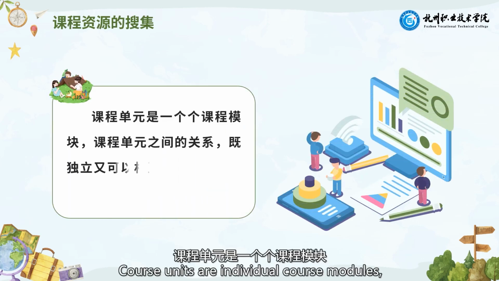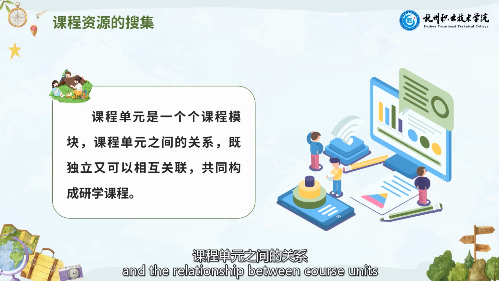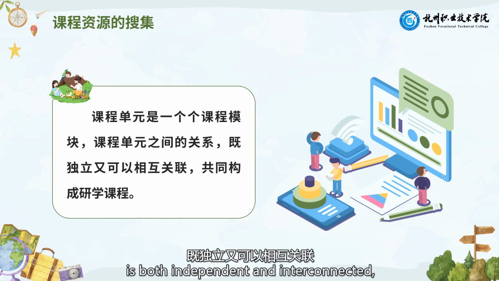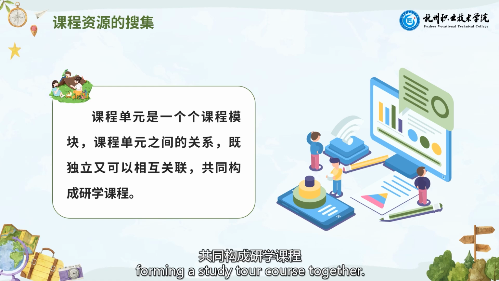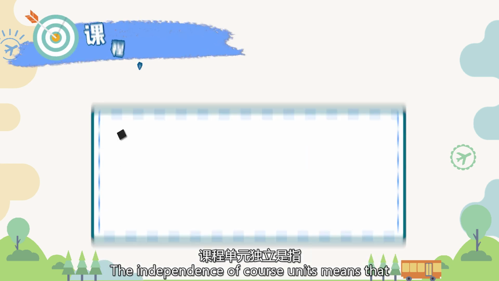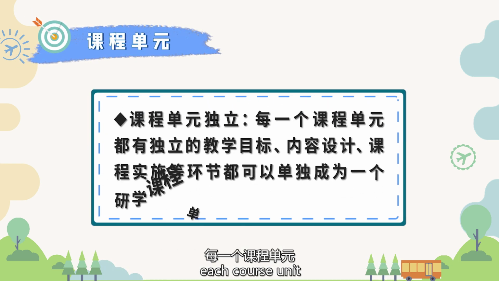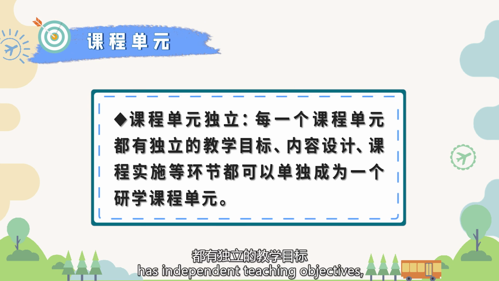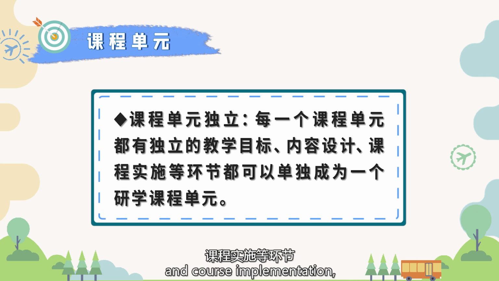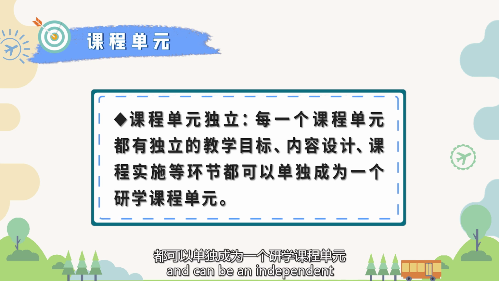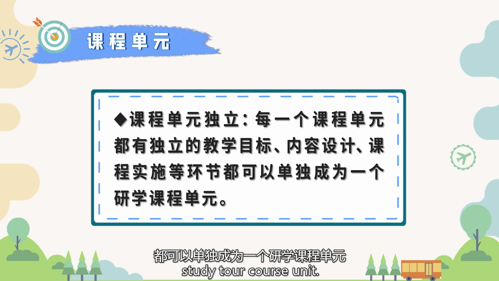Course units are individual course modules, and the relationship between course units is both independent and interconnected, forming a study tour course together. The independence of course units means that each course unit has independent teaching objectives, content design, and course implementation, and can be an independent study tour course unit.